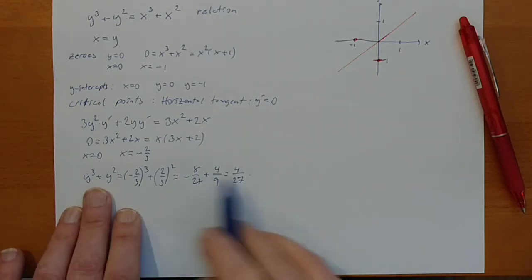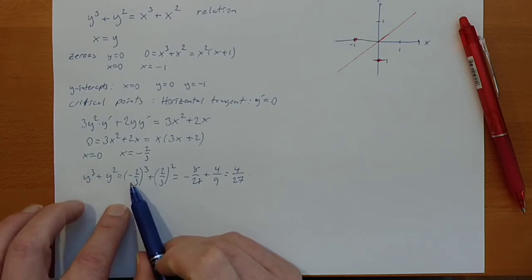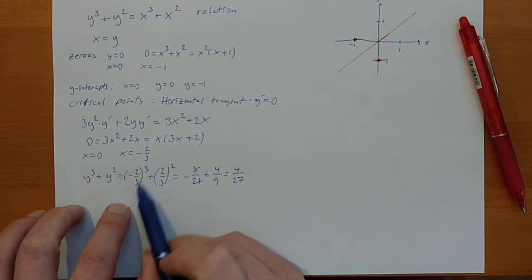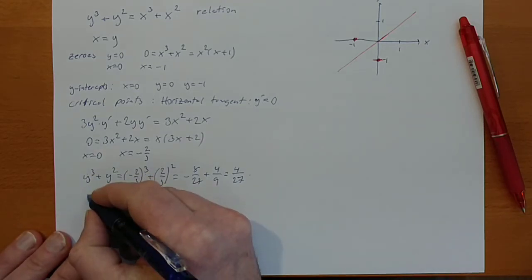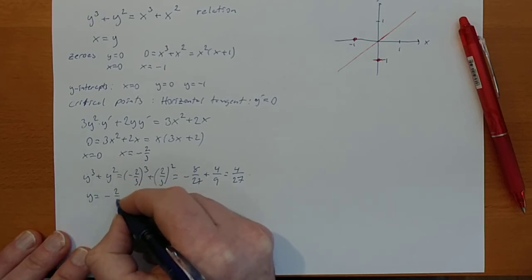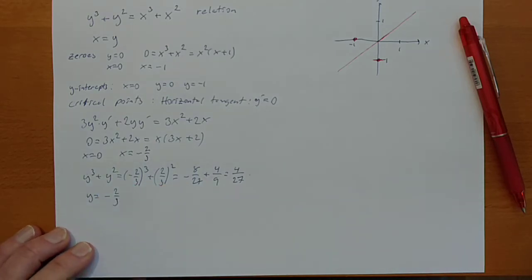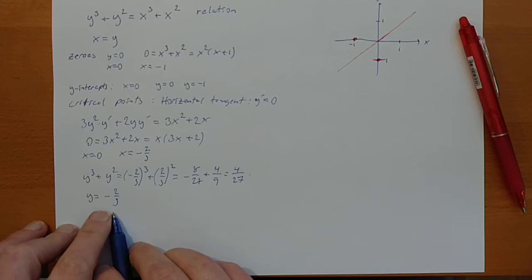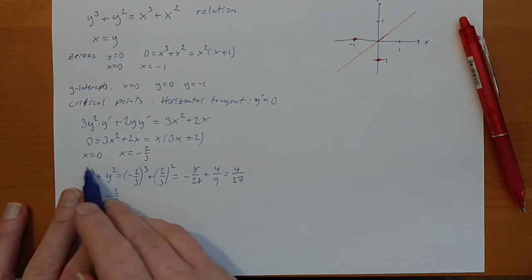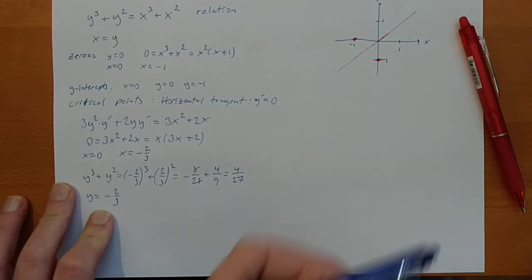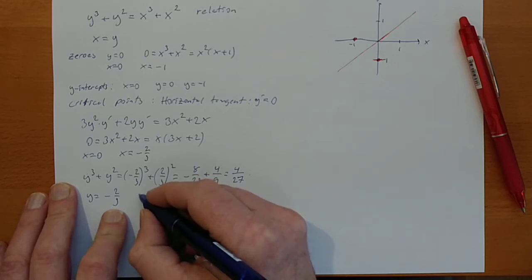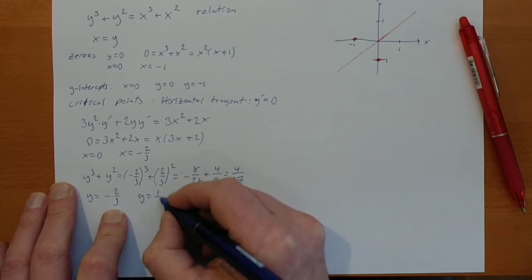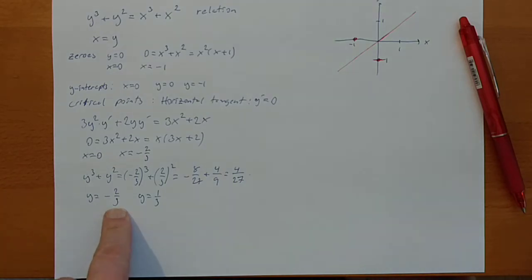So, how to solve this one? First, we can notice by symmetry that if I plug in minus 2/3 for x here, and I plug in the same for y there, that must be a solution. So, in other words, we know that y equals negative 2/3 must be a possible value here. Since we now know one of the zeros of this cubic equation, we can, with a bit of algebra, figure out the other ones, and we will find that y equals 1/3 is a solution to this.